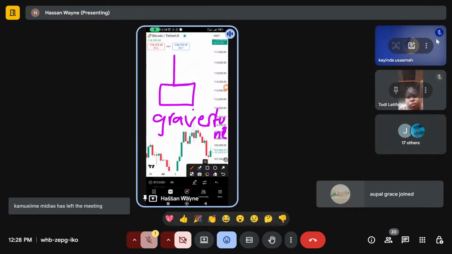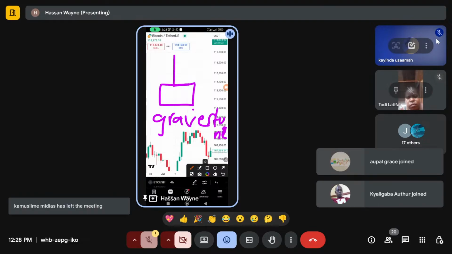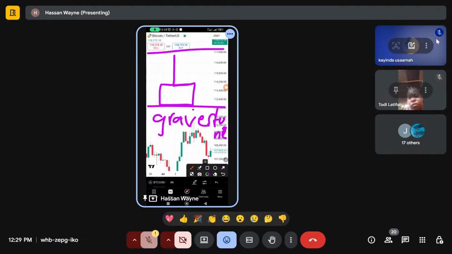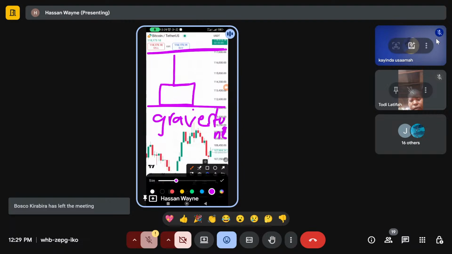So when you want to use these candlestick patterns, make sure you draw your support and resistance. It is always good to trade it when it is formed at resistance. So I draw my support and resistance.